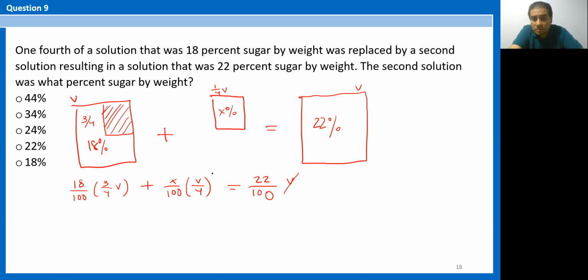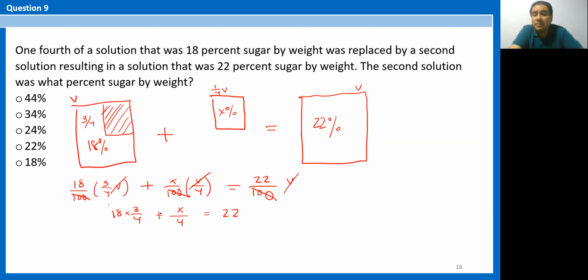So these volumes go away, and so do the hundreds, and we get 18 times 3/4 plus x over 4 equals 22.